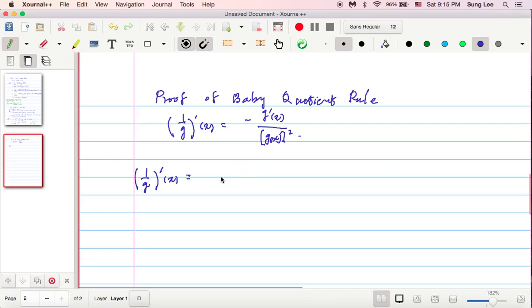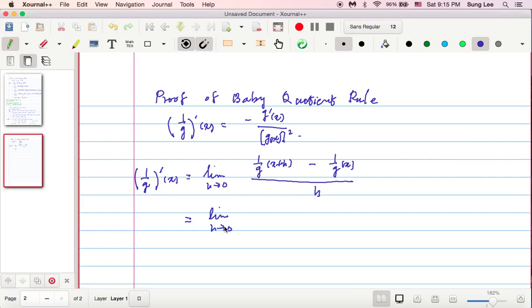By definition, that's the limit as h goes to 0 of 1 over g of x plus h minus 1 over g of x, all over h. Now that equals the limit as h goes to 0 of the value 1 over g of x plus h, likewise minus the value 1 over g of x, all over h.